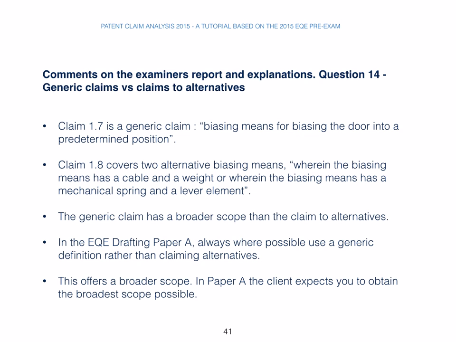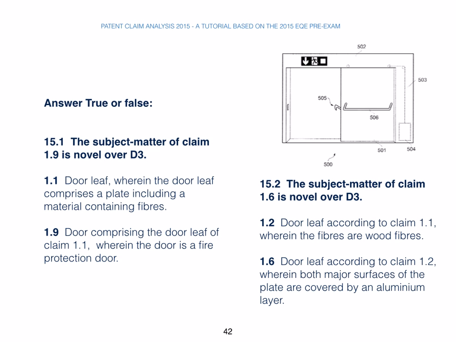Next, statement 15.1. Here the statement is: the subject matter of claim 1.9 is novel over D3. We have the picture of D3 on the right, and claim 1.9 is reproduced just below.